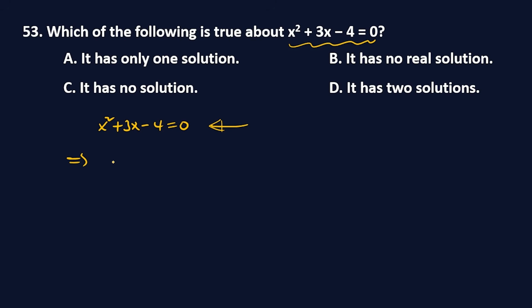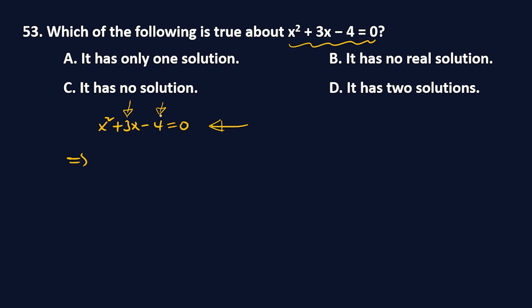You can use the quadratic formula or factorization. For me factorization is simpler, so I go to factorization. When using factorization, I have to observe these numbers. Okay, what are the two numbers whose sum is positive 3 and whose product is minus 4?